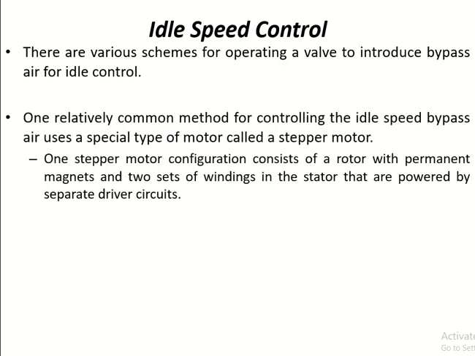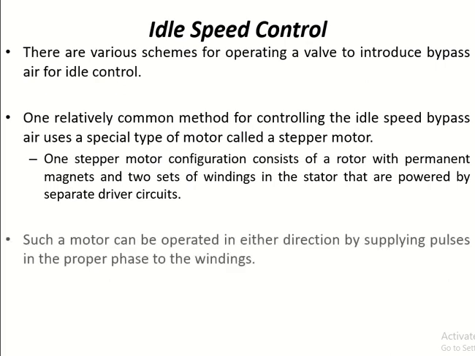One relatively common method for controlling the idle speed bypass air uses a special type of motor called a stepper motor. One stepper motor configuration consists of a rotor with permanent magnet and two sets of windings in the stator that are powered by a separate driver circuit.